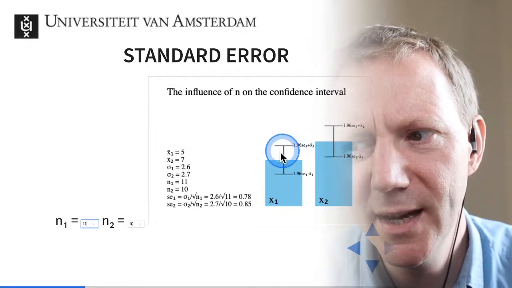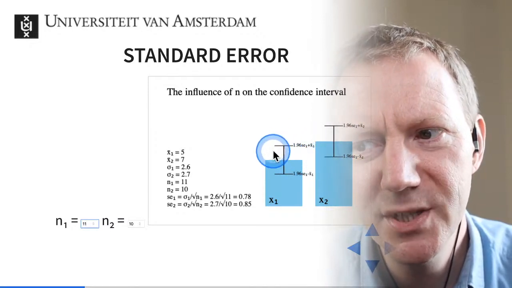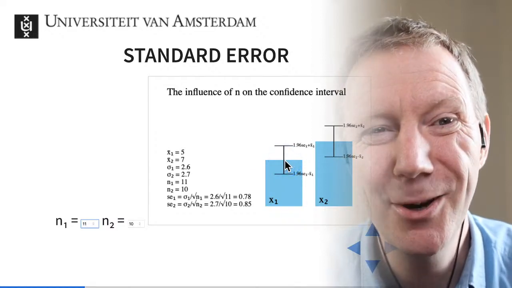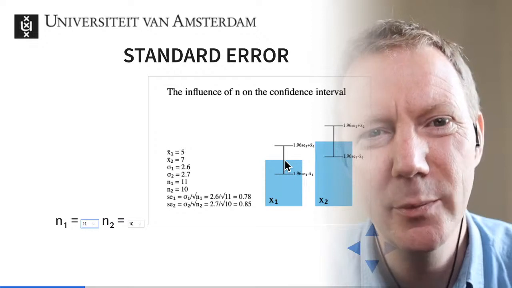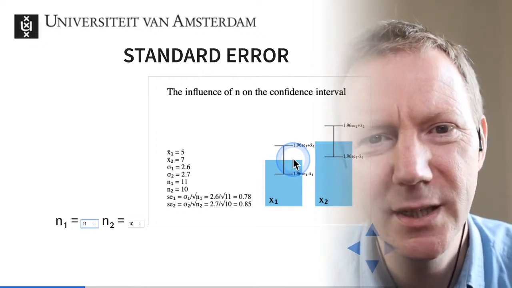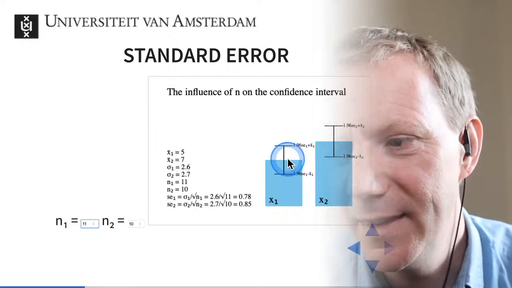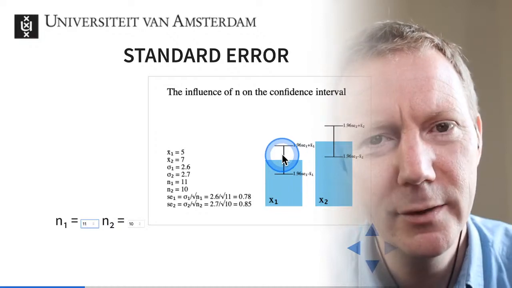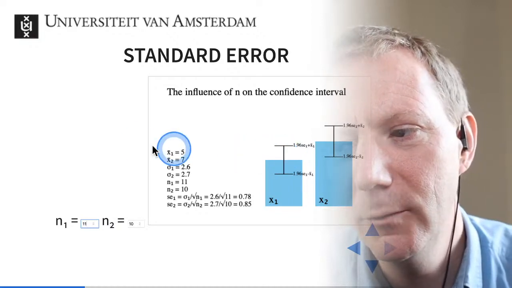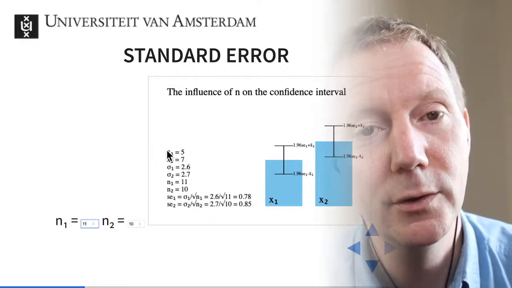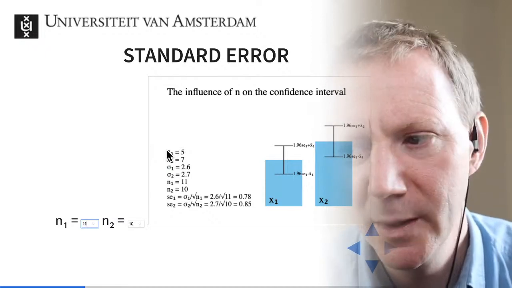That means that in 95% of the relative frequency in the long run, if we replicate this experiment, the population average would be within the upper and lower bound of the confidence intervals.